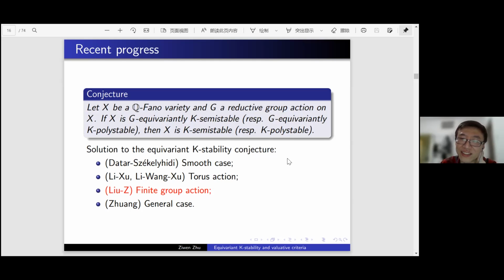After the results of Dervan, Dervan was also extending the notion of K-stability to Kähler classes, and other people did that also.